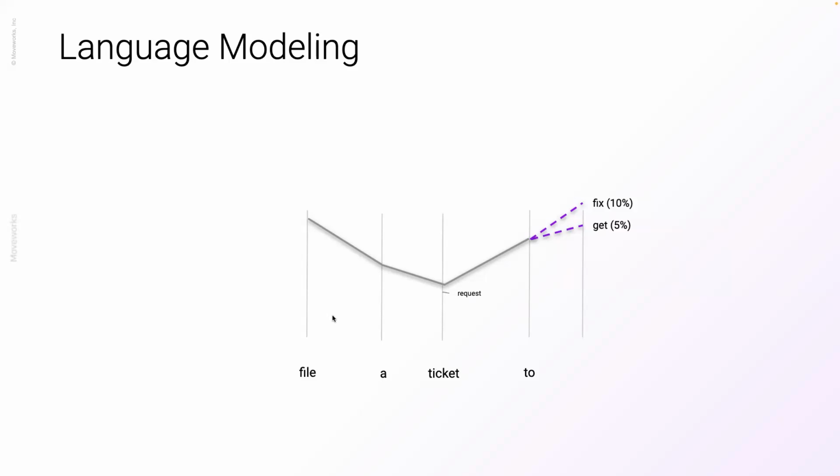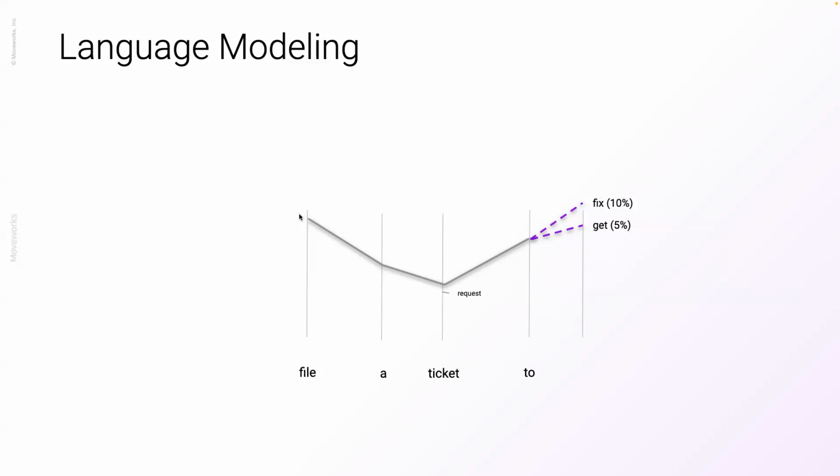So file comes in, it gets embedded somewhere, like in the verb sense. Then ticket to, where ticket maybe gets put pretty close to request. And then it's assigning probabilities to all of the different words to come next based on where they are. It's like a trajectory along this space: after to, it's probably going to go into verbs, so we're looking at verbs, and fix is more likely given ticket and file than get, and way more likely than potato or something like that.